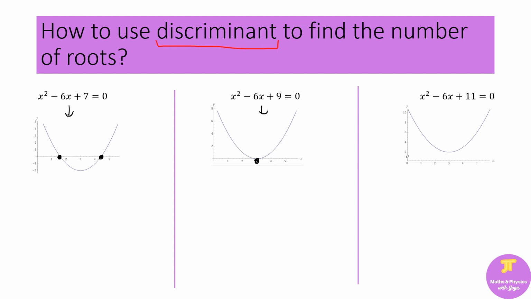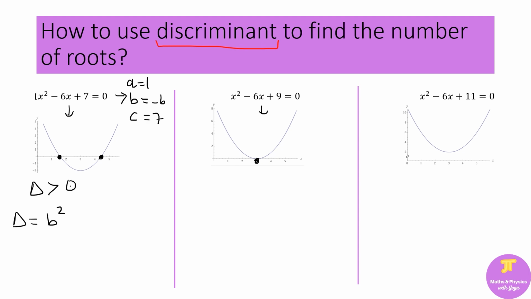So let's see whether for this graph the delta is greater than 0 or not. What is a in this formula? A is equal to 1 because the coefficient of x squared is 1. B, the coefficient of x, is minus 6. C is 7.